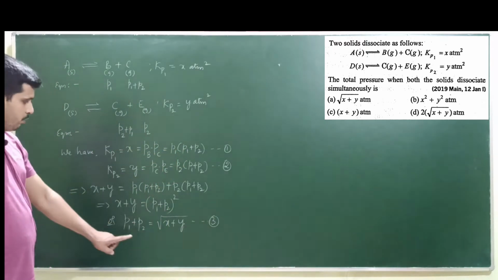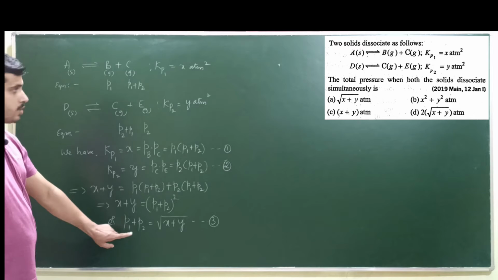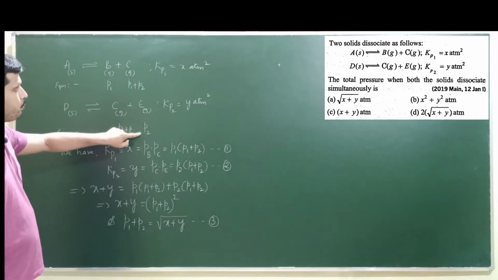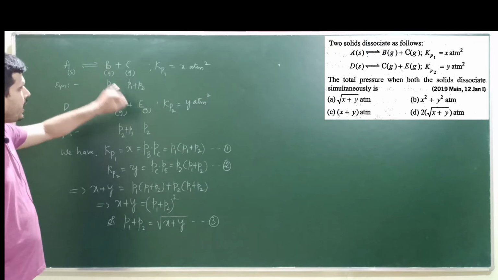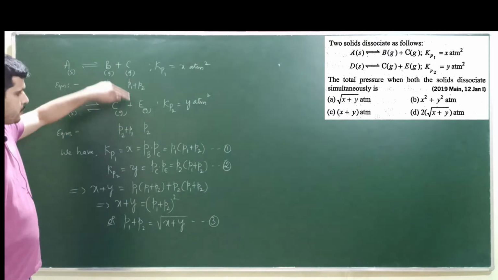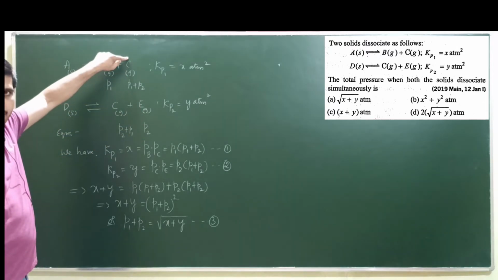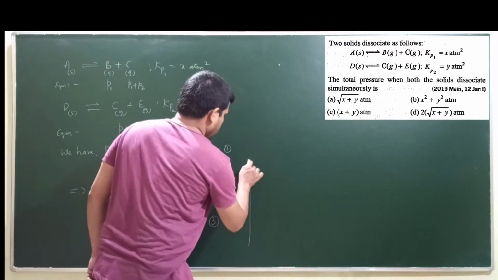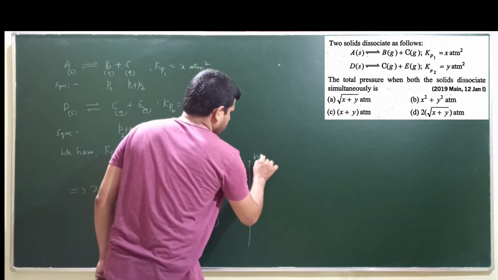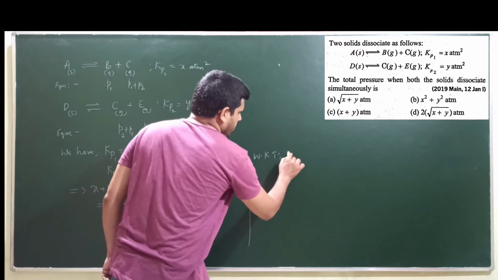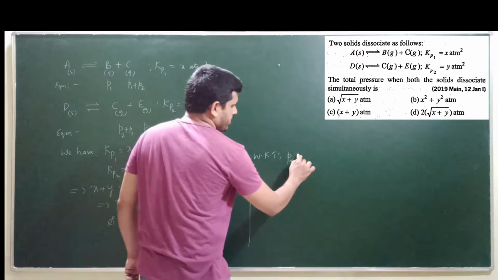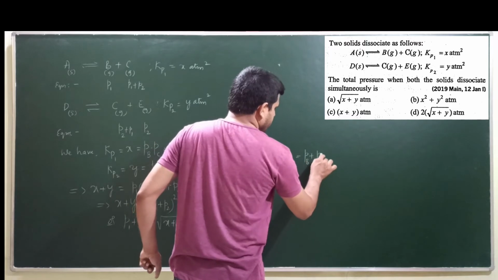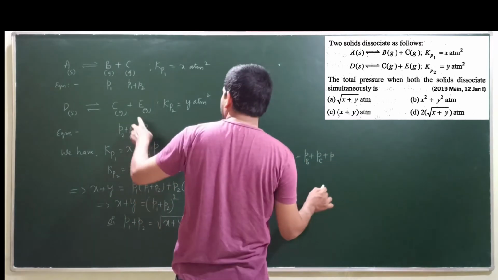Not yet done. Why? Because the total pressure is asked. Total pressure is not alone P1 and P2, but the pressures of B, C and E are to be added. We know that P total, that is total pressure, is equal to Pb plus Pc plus Pe.